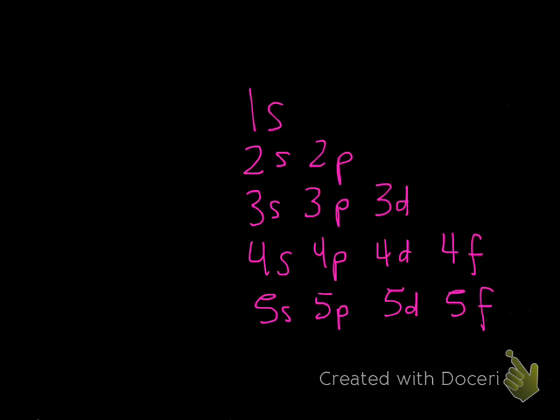We could go out further, but we seldom deal with any atoms that have electrons in those big, crazy upper levels. 6s, 6p, 6d. Again, we could write 6f, but we very seldom get to any atoms that have electrons there. 7s, 7p. That's about as far as we need to go.